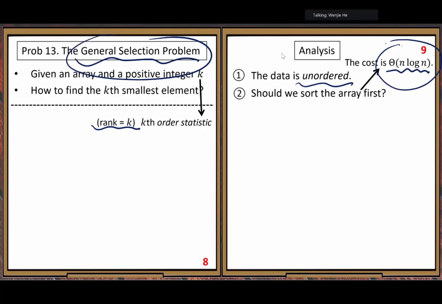You can do a lesser amount of work to find a solution. So that's the main point. The question is, what is the fastest algorithm to find the kth smallest element in a given unordered array? That's the question we want to solve. That's the general selection problem.